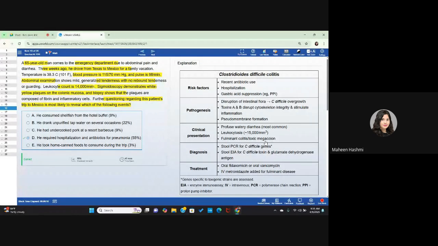What do you mean by toxic megacolon? Anybody can tell me what toxic megacolon means? Come on, guys. The colon becomes enlarged and it can easily perforate. The bowel is full, it's dilated.